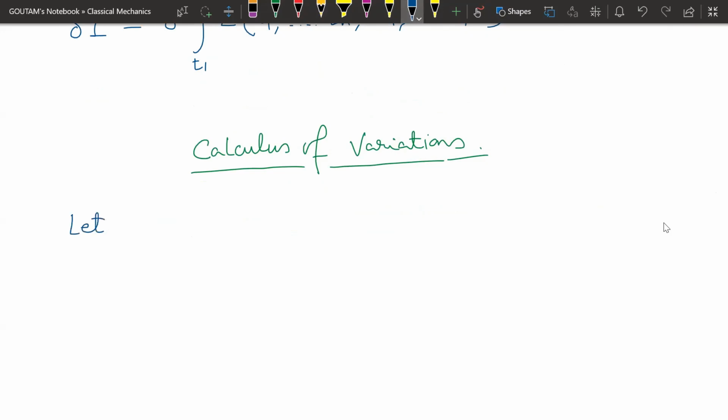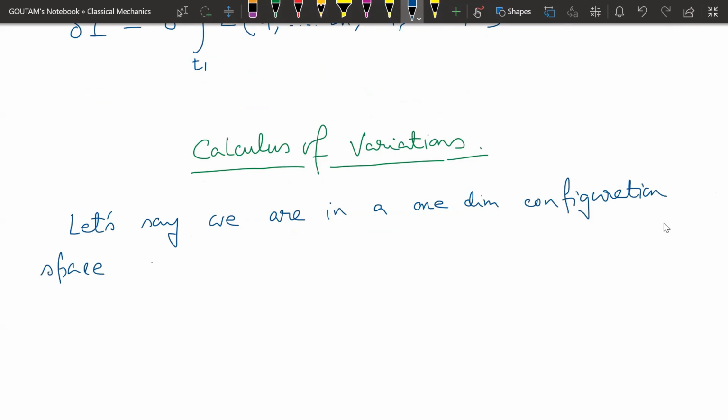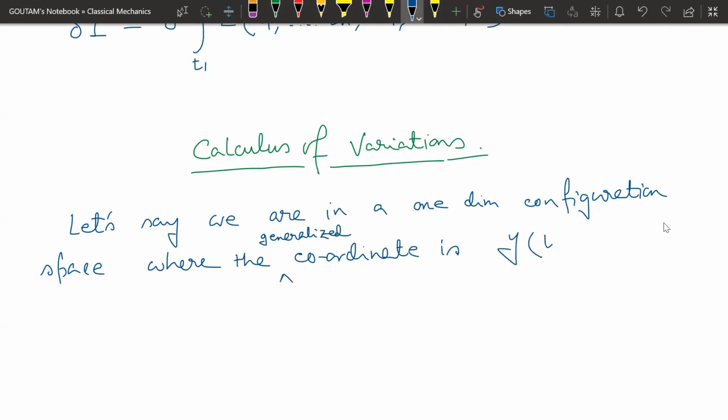Let's say we have a function. So let's say we are in a one-dimensional configuration space where the coordinate, or the generalized coordinate, is y, which is a function of time.